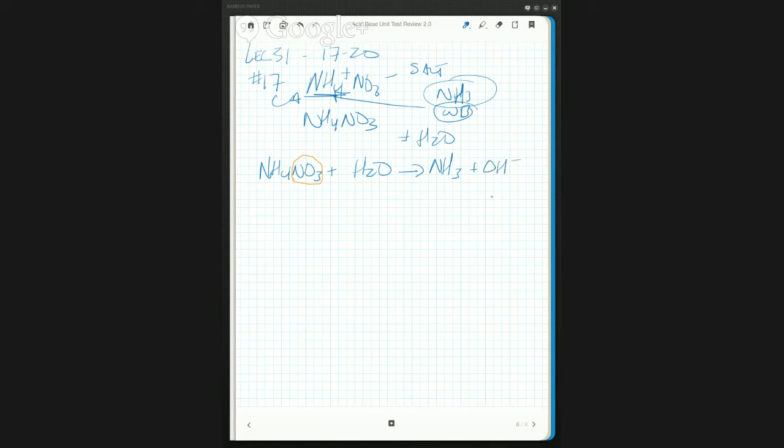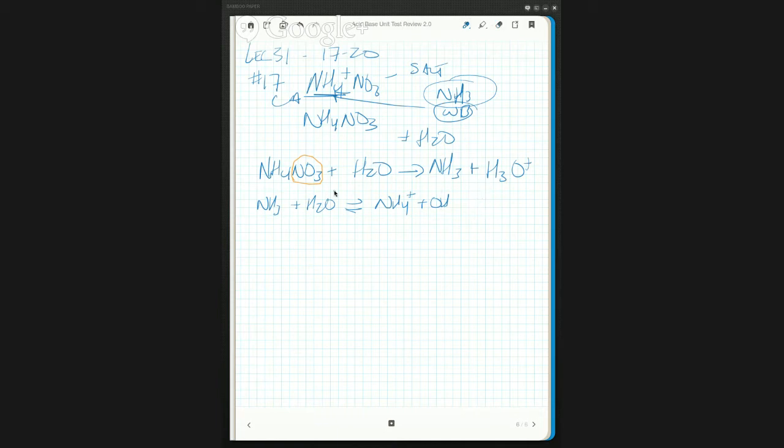Because NH3 plus H2O ends up giving you NH4 plus OH minus. Oh, that's right. No, I'm getting this wrong. Sorry. It gives up an H, giving you H3O plus. I'm just getting them backwards.